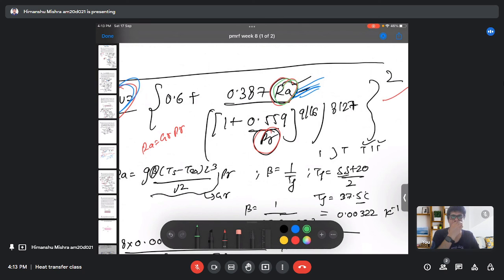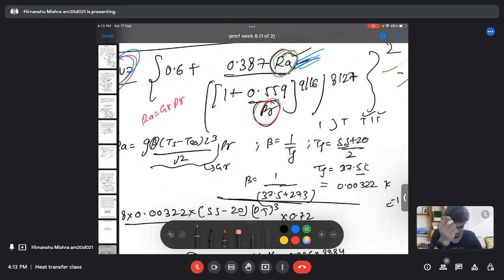Then by using Newton's law we can easily get the heat transfer due to free convection. Now we are also given the emissivity, so we found the heat transfer due to radiation as well, and then the total heat transfer, which is the summation of the heat transfer due to radiation and free convection.